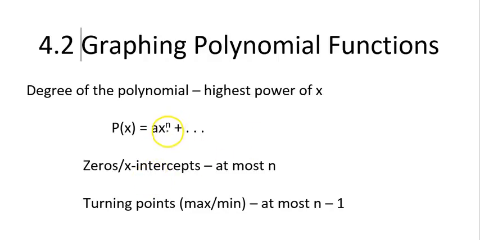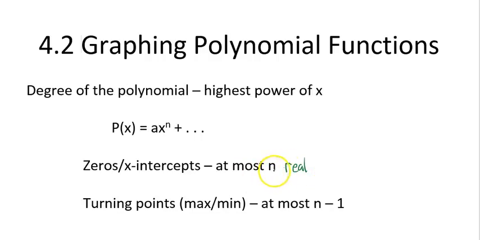That n also tells us how many zeros or x-intercepts the graph would have. Here we say at most n, that's the number of real intercepts or zeros. So if this was a 4, it could have 4 real solutions, or it could have 2 real solutions and 2 imaginary solutions.